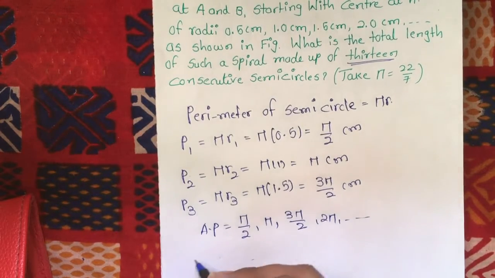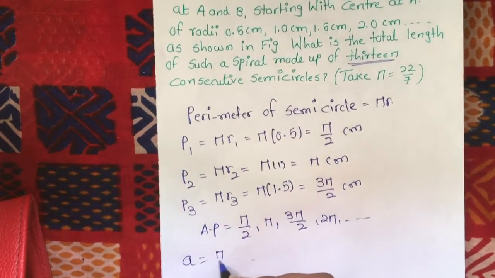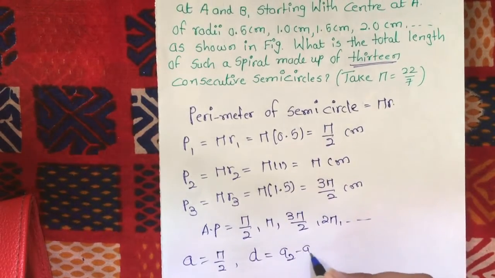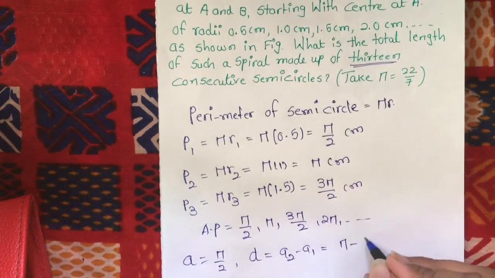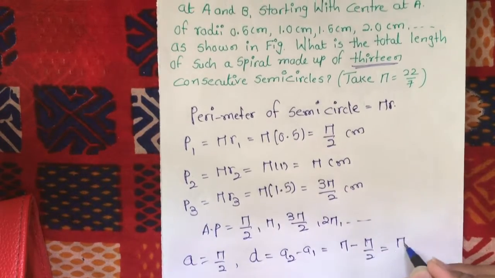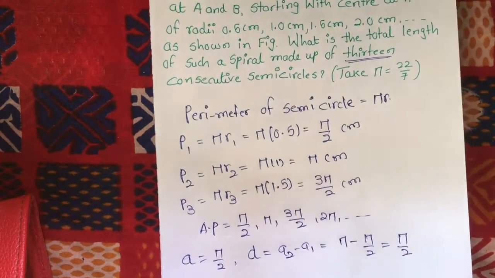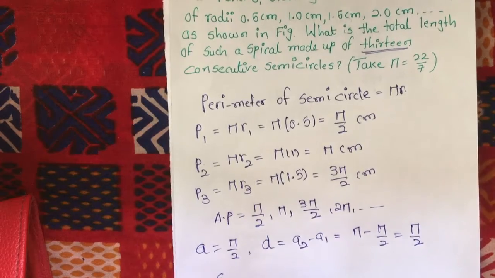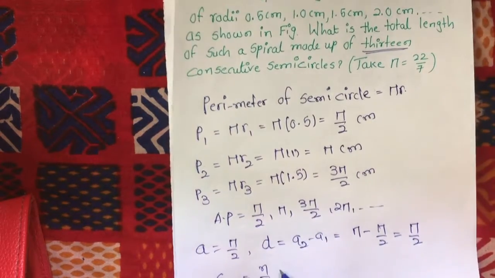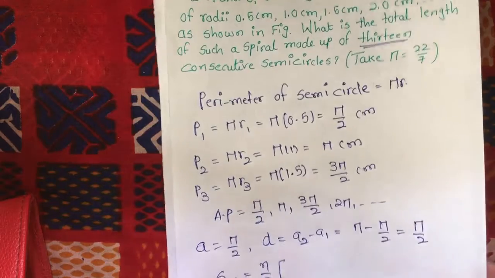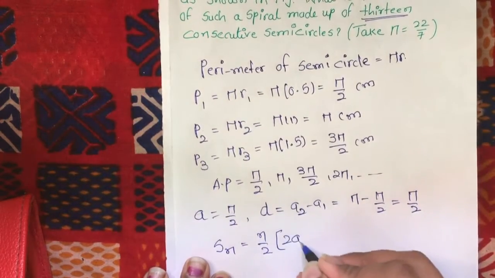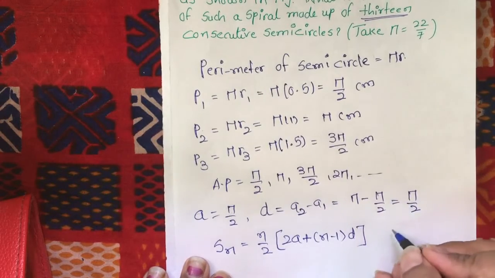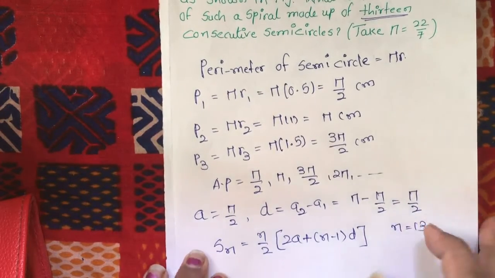So here we are having the first term, that is A is equals to pi by 2. The common difference D is equals to A2 minus A1, that is pi minus pi by 2, which gives pi by 2. Okay, and now we have to find the Sn. Therefore Sn is equals to n divided by 2 into bracket 2a plus n minus 1 into d, and here n is equals to 13.